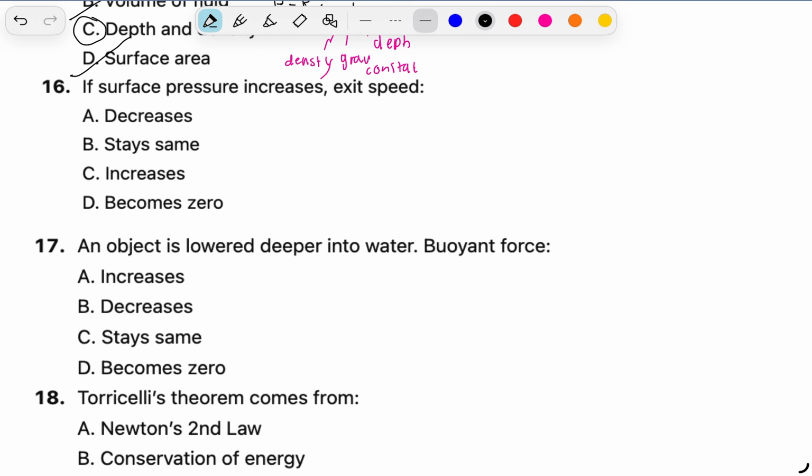Now, for question 16, if the surface pressure increases, what's going to happen to the exit speed? Well, we can use our generalized equation. Our exit speed v is equal to the root of 2 times P1 minus P2 divided by our density, plus 2 times gh.